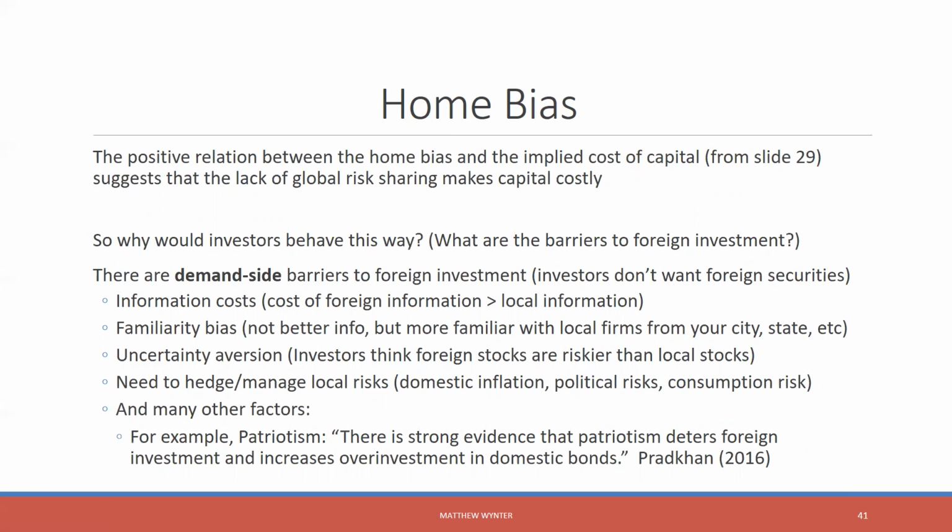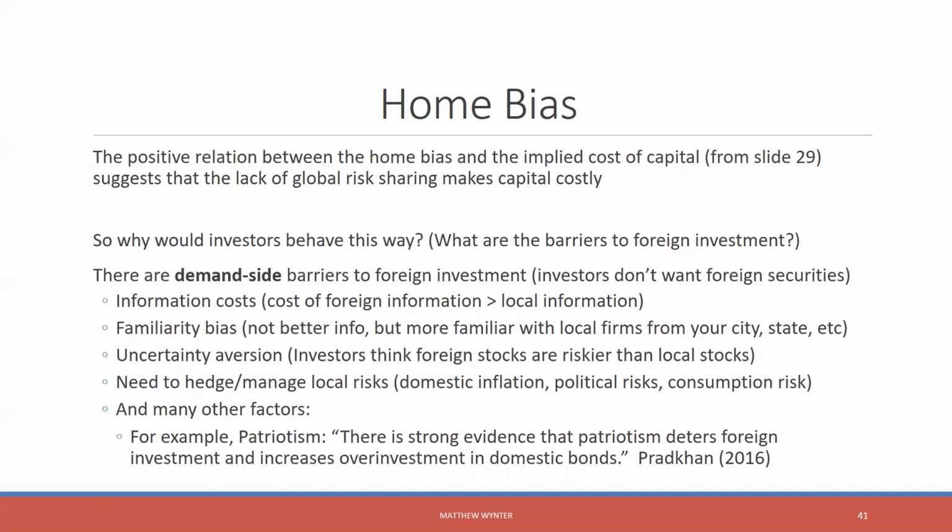Well, there are demand side barriers to foreign investment that are important. There's information costs. So if it costs more to get foreign information than local information, all things held equal, these foreign assets become more costly, so I'm going to be less inclined to hold them. There's also familiarity bias. It's not that we have better information, but we're more familiar with local firms in our city, state, country, etc. And as an investor, I'm going to be comfortable holding something I'm familiar with.